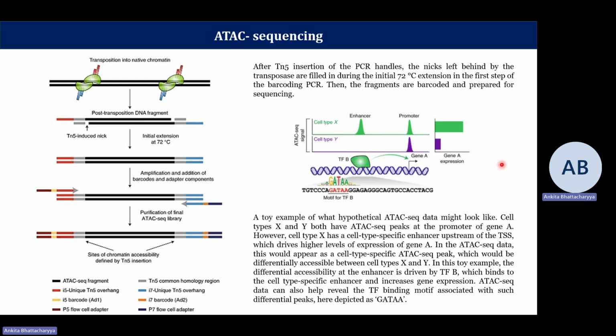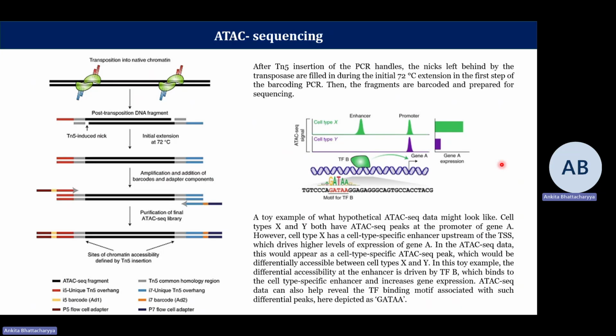So this just shows you a representative toy example of what hypothetical ATAC-seq data might look like. You have two different cell types, X and Y, both of which have ATAC-seq peaks at the gene promoter.